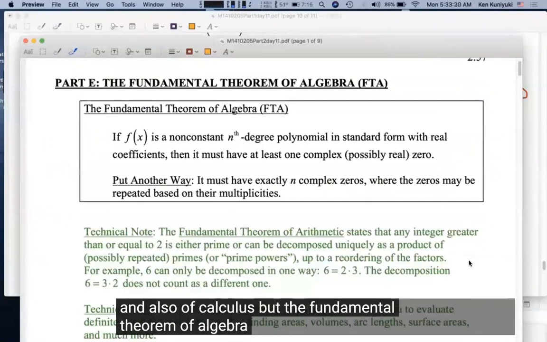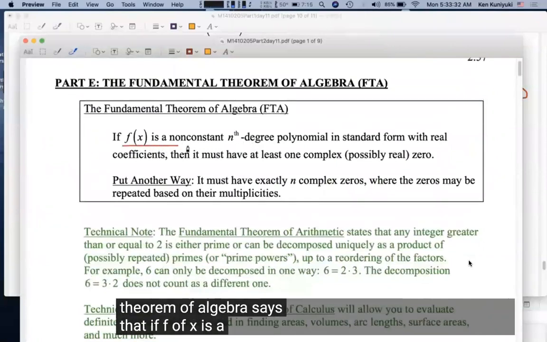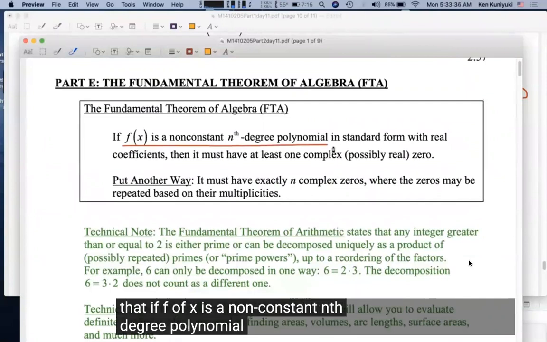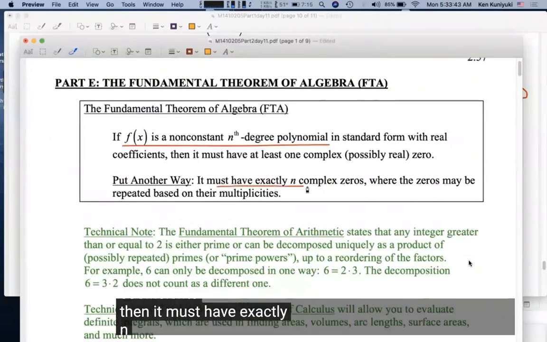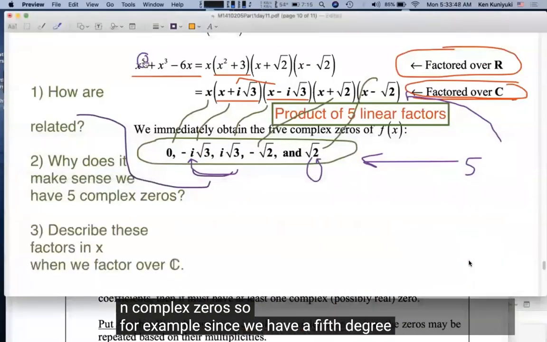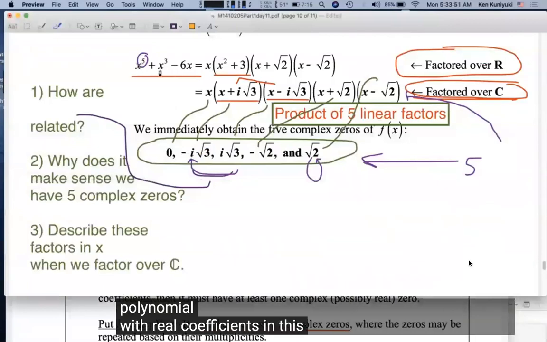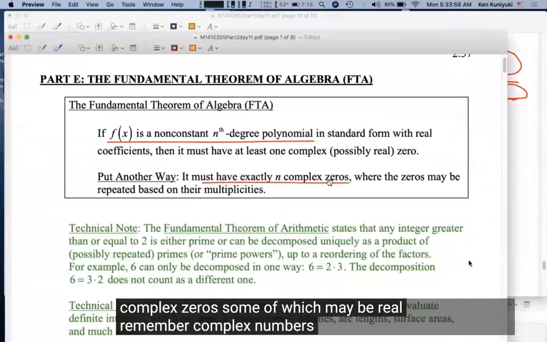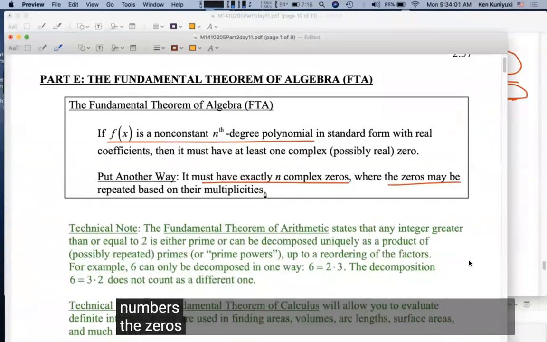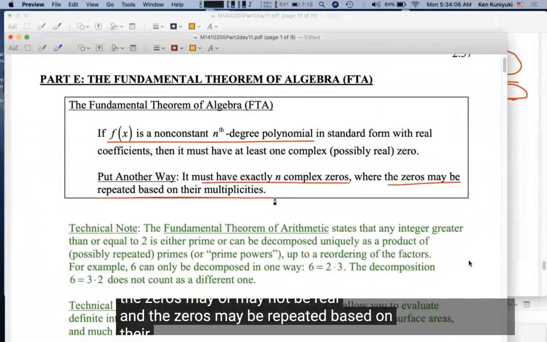But the Fundamental Theorem of Algebra says that if f of x is a non-constant nth degree polynomial, etc., in descending powers with real coefficients, then it must have exactly n complex zeros. So, for example, since we have a 5th degree polynomial with real coefficients in this nice form, there must be 5 complex zeros, some of which may be real. Remember, complex numbers include real numbers. The zeros may or may not be real, and the zeros may be repeated based on their multiplicities.